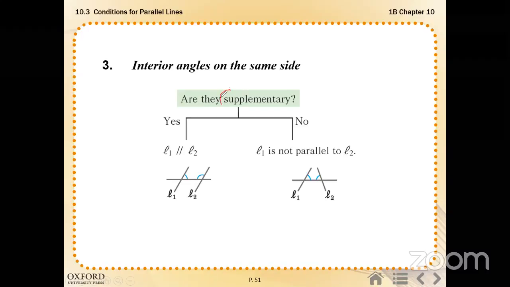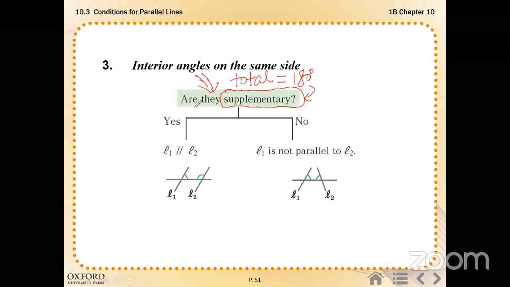Now, in this case, do you still remember this word? I told you yesterday. It means if the total is 180 degrees, then it is called supplementary. Are they supplementary? The 'they' means the interior angles.